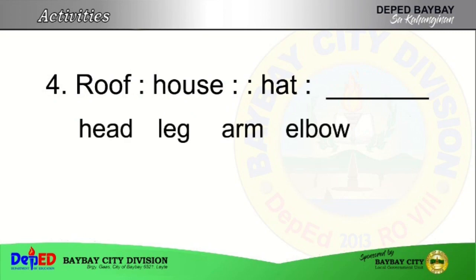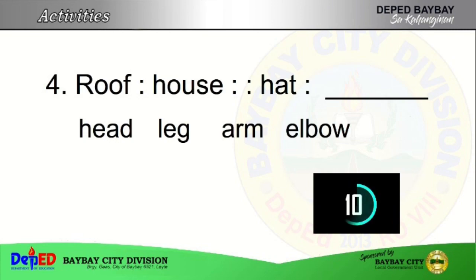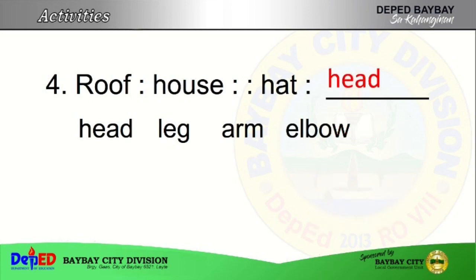Number 4. Roof is to house as hat is to blank. Head, leg, arm, elbow. The correct answer is head. Way to go!